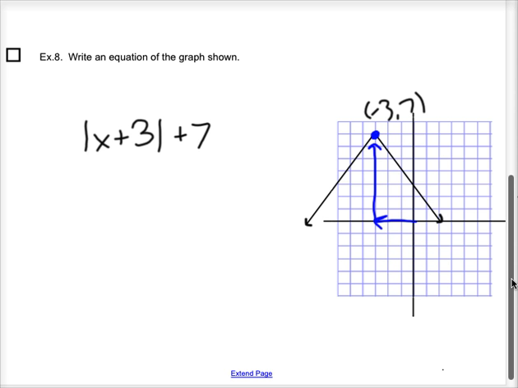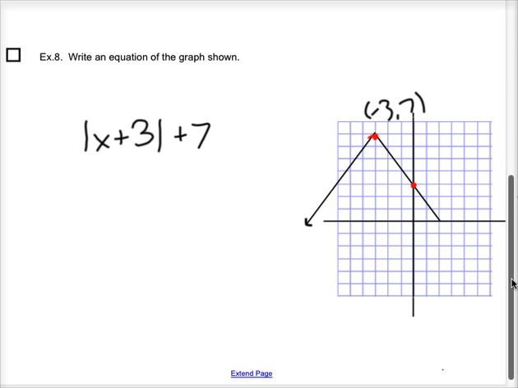Now, what I also want to do, after I find that vertex, I need to find the slope of my line, okay? Because by using that slope, I'm going to be able to figure out what the vertical stretch is. So, with this being my vertex, I need to find another point that is nicely labeled on the grid.